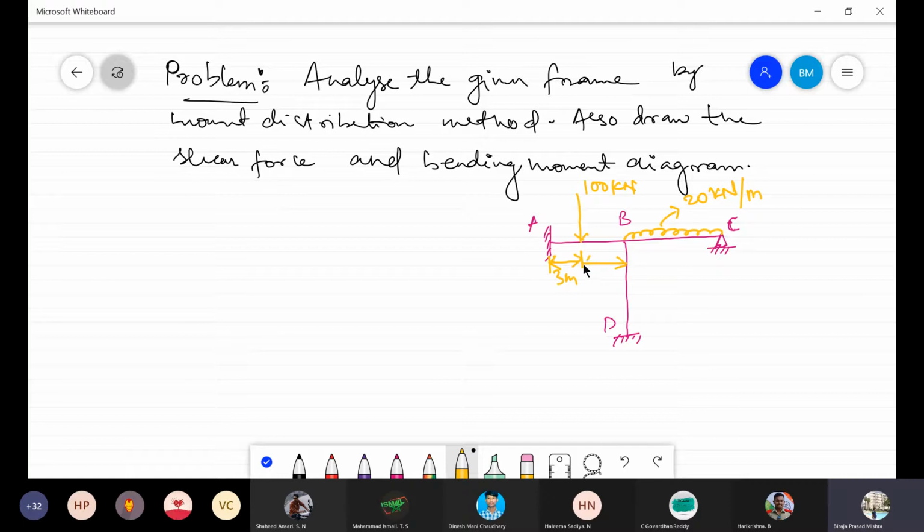This is 2 meters, and this one is 3 meters. This is I, and this one is also 3 meters.